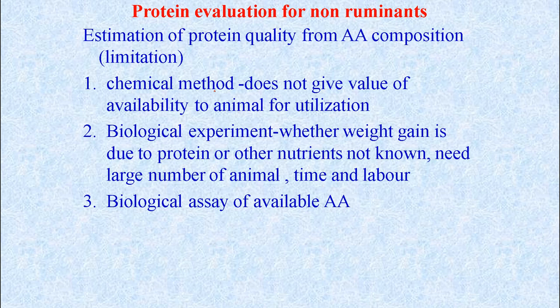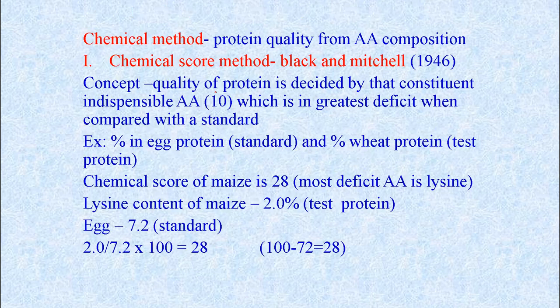Then there is another method called the biological assay of the available amino acids. Coming to them one by one, the chemical method of estimation of amino acids was developed by Block and Mitchell in the year 1946.